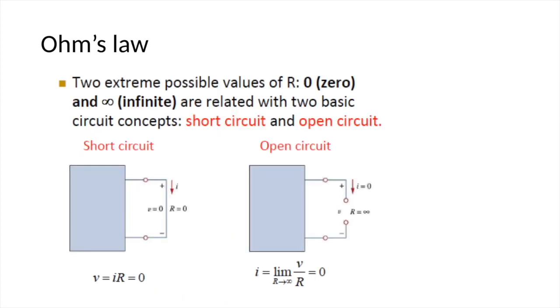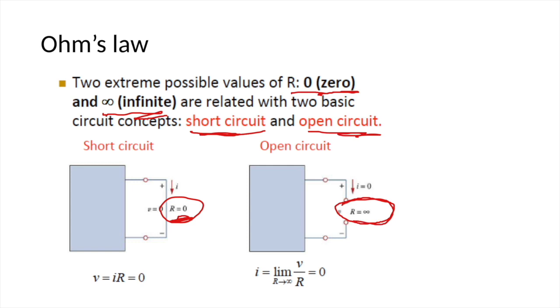There are two extreme possible scenarios: the first is when R equals 0, and the second is when R equals infinity. There are two basic circuit concepts, short circuit and open circuit. When R equals 0, we call it a short circuit, and when R is infinite, we call it an open circuit.